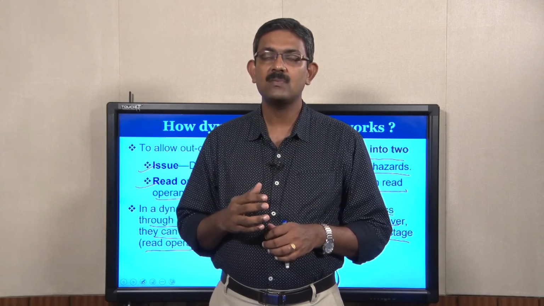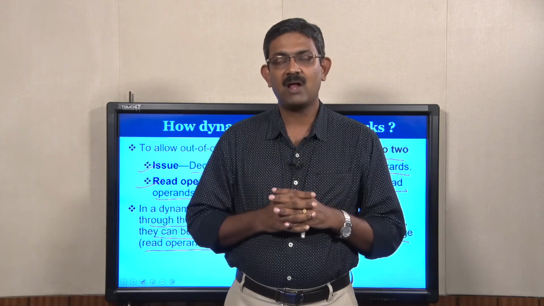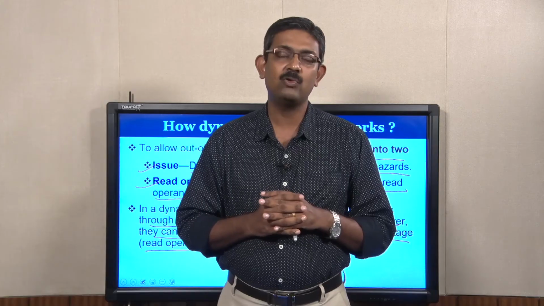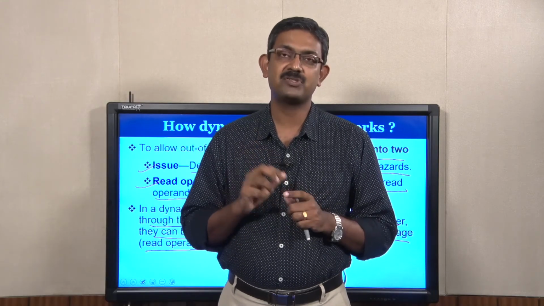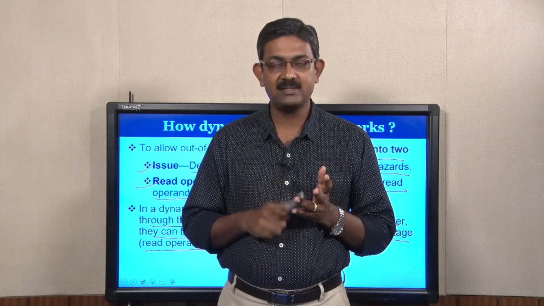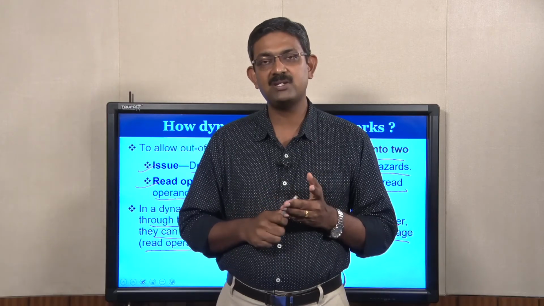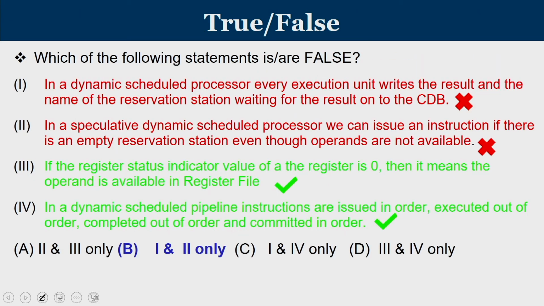But then we are going to write the result into the reorder buffer, and from the reorder buffer, updating memory as well as the registers happens in order. That process is called commit. So, to summarize, issue is in order, execution is out of order, completion is out of order, but commit is in order. So, the statement, a dynamically scheduled pipeline, instructions are issued in order, executed out of order and completed out of order, but committed in order, is true.